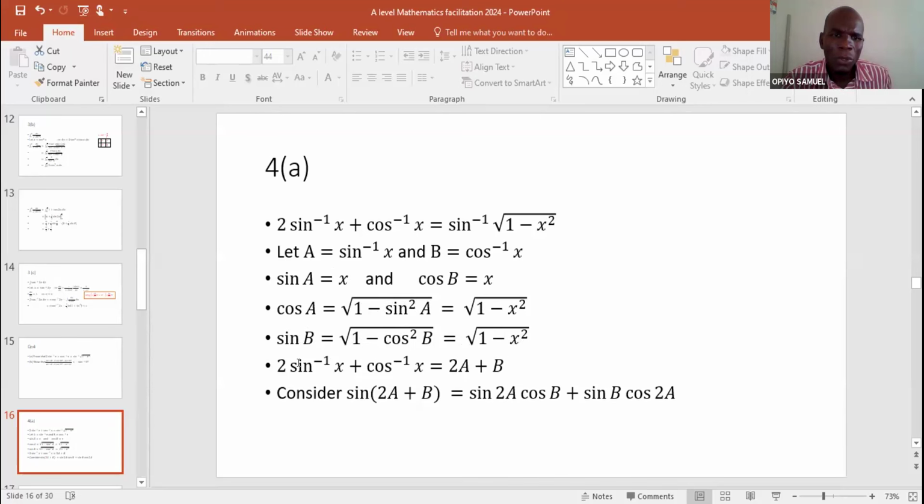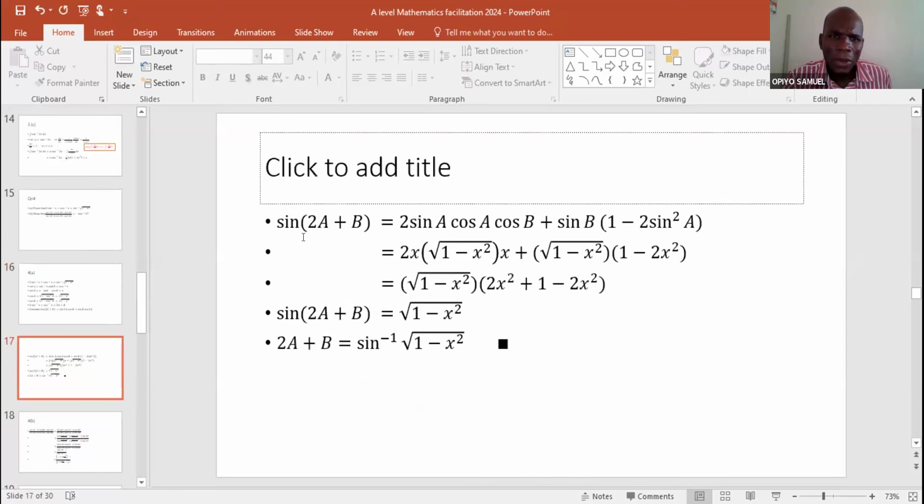So now 2 sine inverse of x plus cos inverse of x is 2A plus B. Now from this point, we can consider the expansion of sine of 2A plus B. Using compound angle formula, this will be sine 2A cos B, then plus sine B cos 2A.